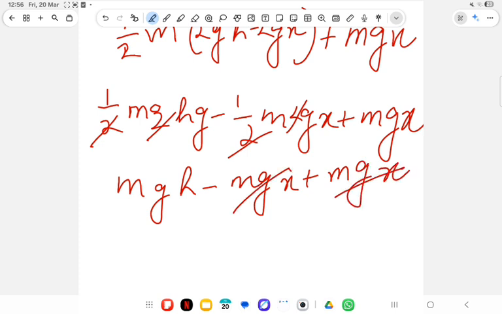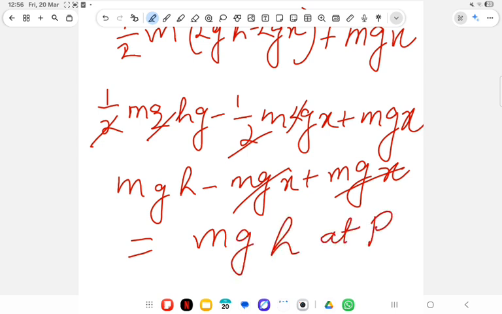The mgx terms will cancel out, and here it will again become mgh at the point P.